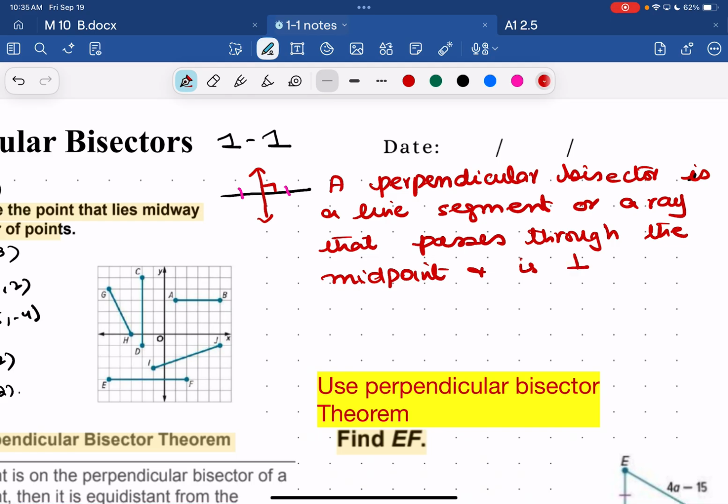So this is the symbol for saying perpendicular, and is perpendicular to the line segment. Good?